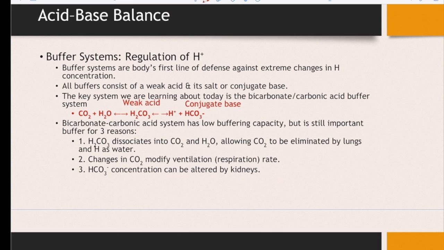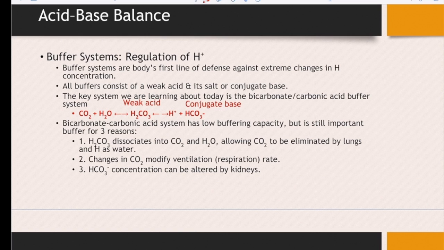Okay, so again, we're going to be focusing on that first acid-base regulatory system that we talked about with bicarbonate and carbonic acid. So, like we said before, all buffers consist of a weak acid and its salt or conjugate base.